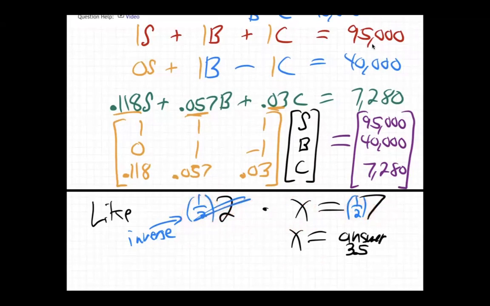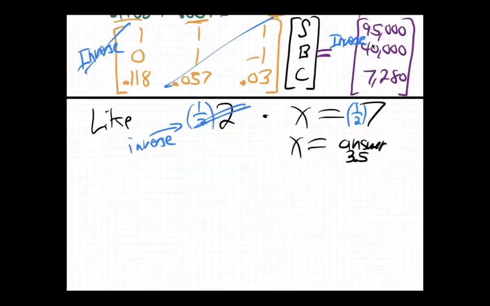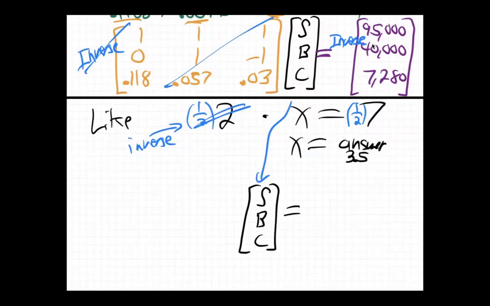Well, I'm going to do the same thing here. I'm going to multiply by the inverse, both sides. Let me move this equal sign over a little bit so there's room. Equals, and then the inverse. This and this cancel, and you get the SBC alone.